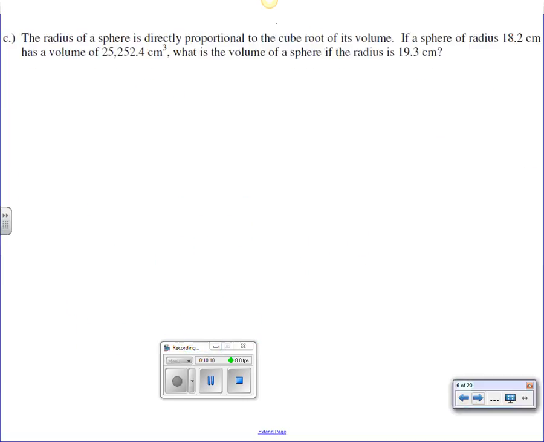All right, last example. The radius of a sphere is directly proportional to the cube root of its volume. If a sphere of radius 18.2 centimeters has a volume of 25,252.4 centimeters cubed, what is the volume of the sphere if the radius is 19.3? So keyword is directly proportional.